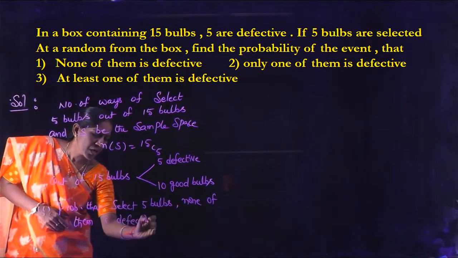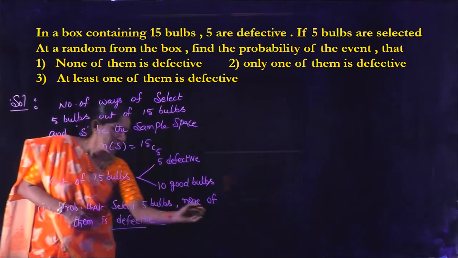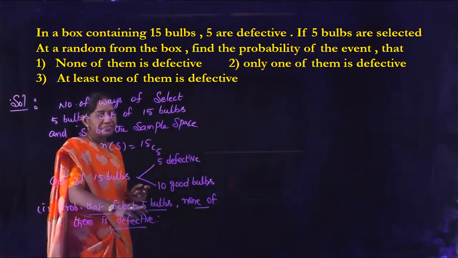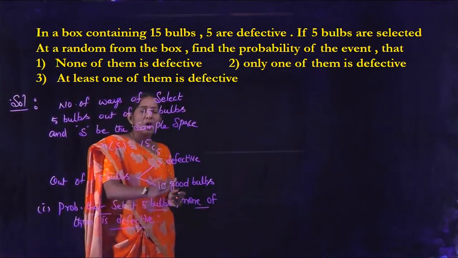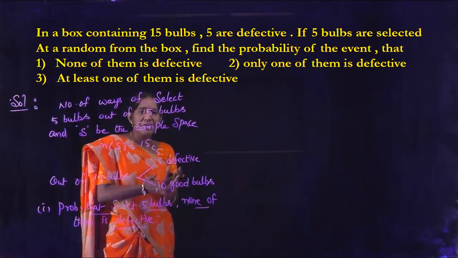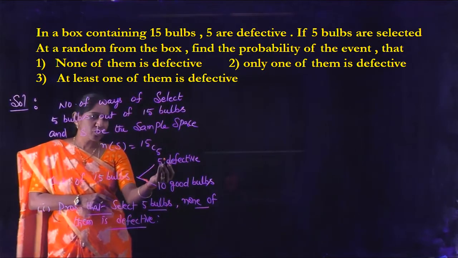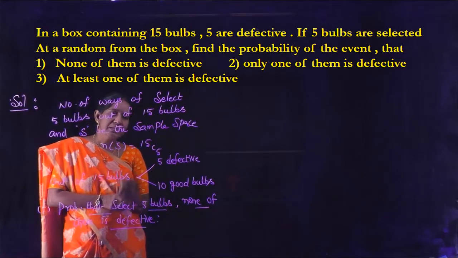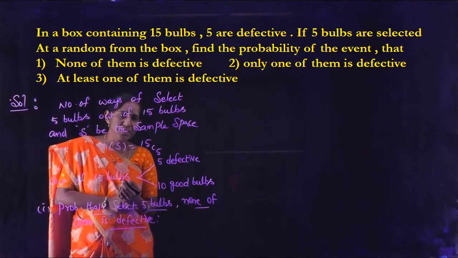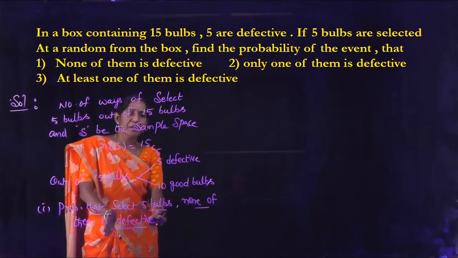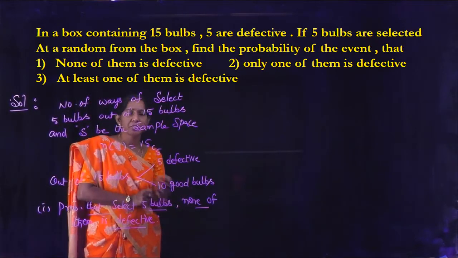So this means we select 5 bulbs out of the non-defective bulbs. Non-defective bulbs means good bulbs. There are 5 defective bulbs out of 15 bulbs, so there are 10 good bulbs. For this condition, we select 5 bulbs out of 10 good bulbs.